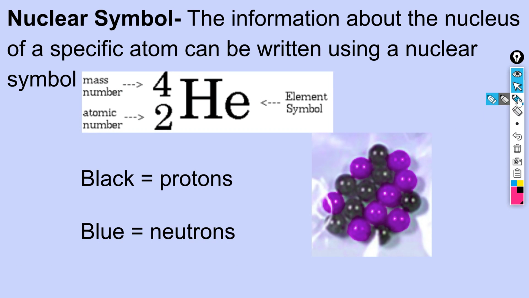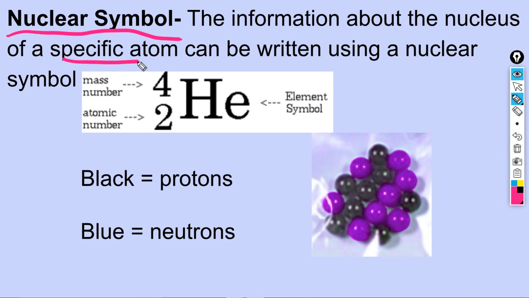You're going to fill in information about each atom in a table. The nuclear symbol, as I said a moment ago, tells you the information about a specific atom. The number on top in the nuclear symbol is the mass number. The number on the bottom is the atomic number, and you've got the element symbol.